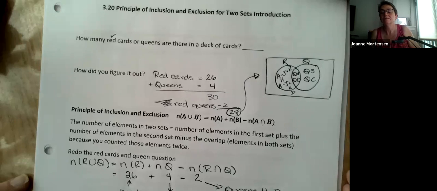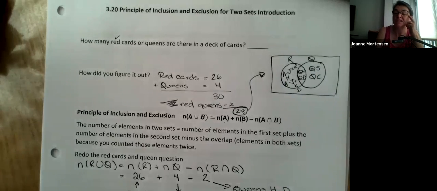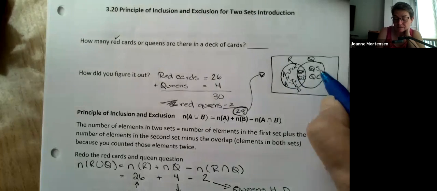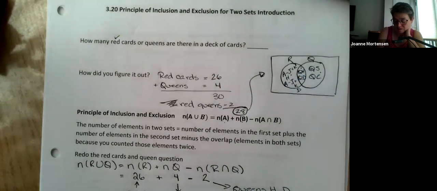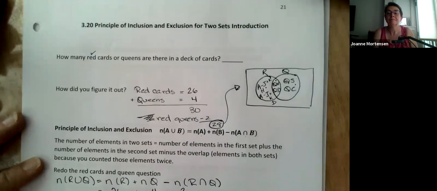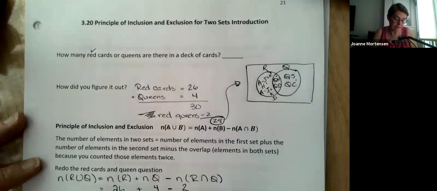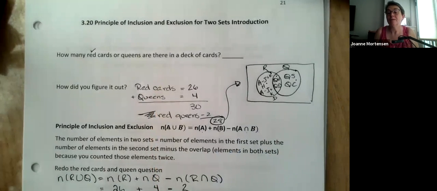Oh, that got very messy. But if I draw the picture bigger, or I just had the cards and was sorting through them, it'd be easier to figure out that there's a grand total of 28 there. There's 2 there, there's 2 there, and there's 24 in it. But like I said, I just wanted to show you this because of the curriculum I'm supposed to follow, but you can do all the questions without it. Have a lovely day.